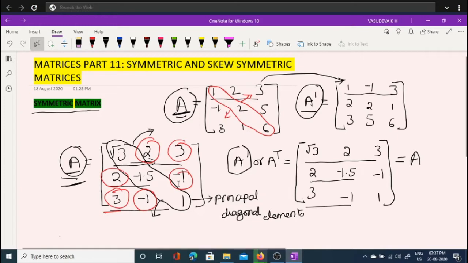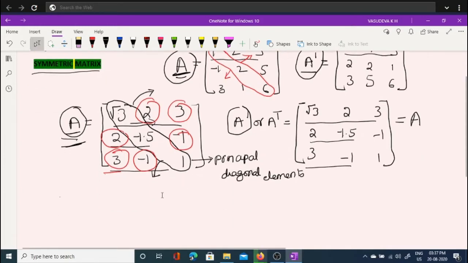ಸೊ ಇಲ್ಲಿ ನಾವು ಈ ಮ್ಯಾಟ್ರಿಕ್ಸ್ ಅನ್ನ ತಗೊಂಡಾಗ what is this? This is element A11 and this is A12 and this is A13 and this is A21 and this is A22 and this is A23.